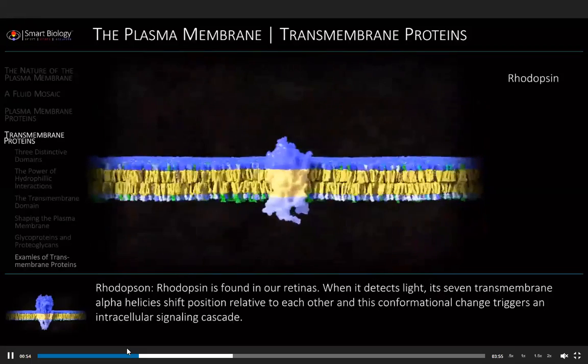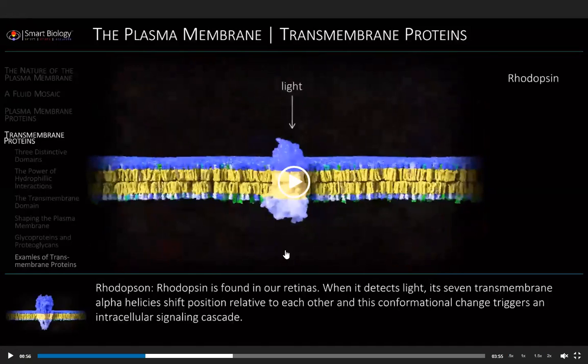As the first example, you have a protein called rhodopsin. Rhodopsin is a protein that is found in our retina. It consists of a protein component that is membrane bound, and it also has a small group which is made of vitamin A. This is a component that gives us the ability to receive light and to recognize light, to be activated in the presence of light.